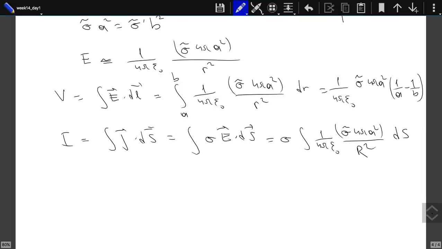On the sphere, R is just a constant, so I can take everything out. So it will be 1 over 4 pi epsilon 0 times sigma tilde 4 pi a squared divided by R squared. Well, the integral of ds gives me the total area of this blue sphere, which is 4 pi R squared.